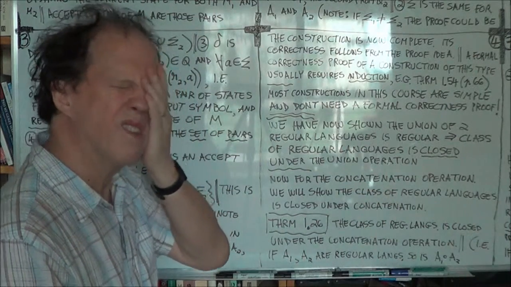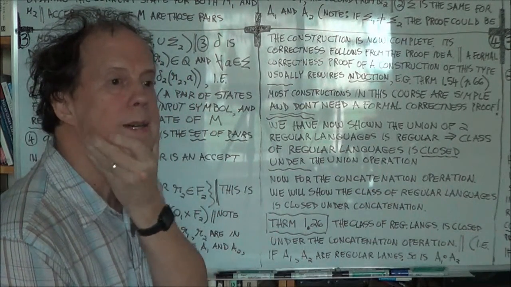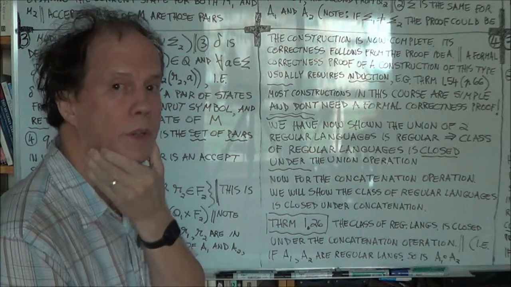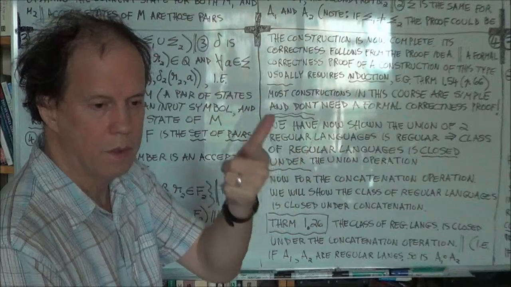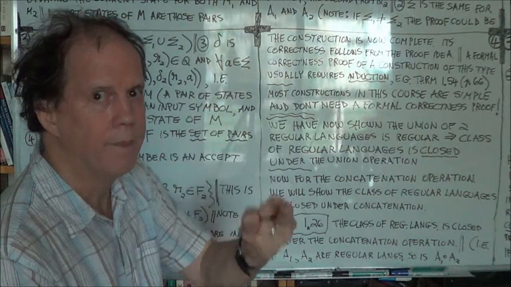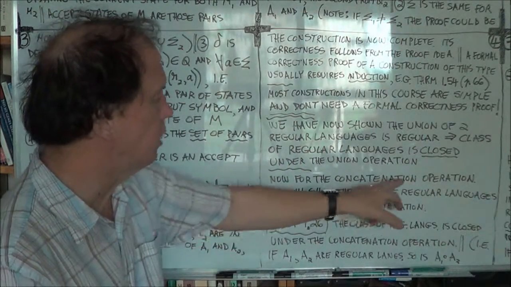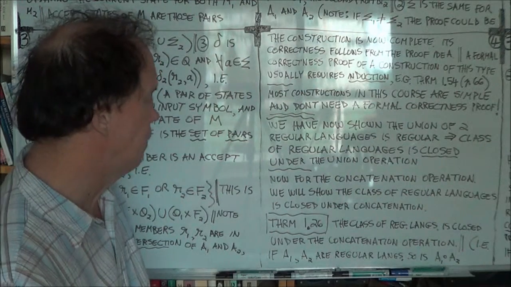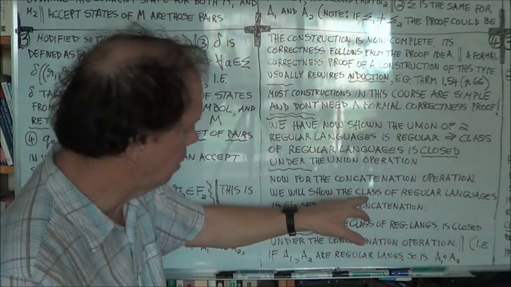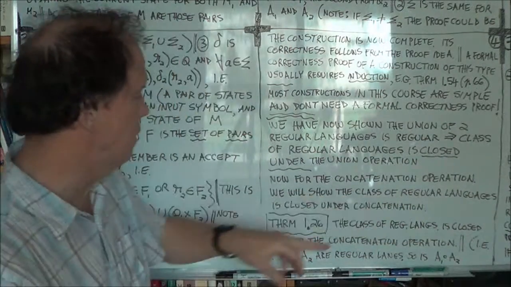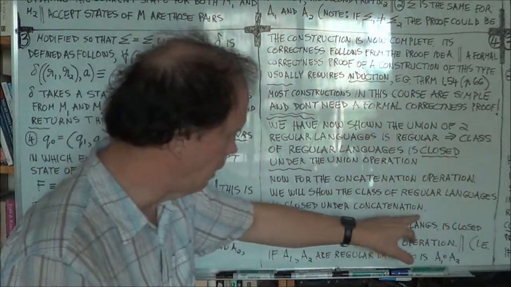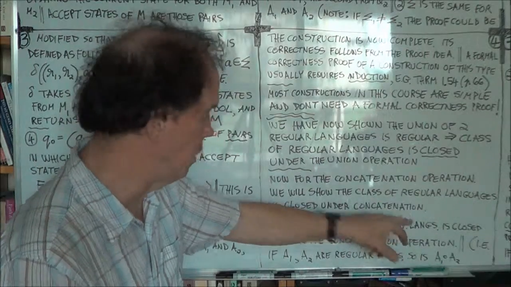Now we were talking about three different regular operations: union, concatenation, and star. So now it's the turn of concatenation. We will try to show, similarly to above, that the class of regular languages is closed under concatenation, this second operation.